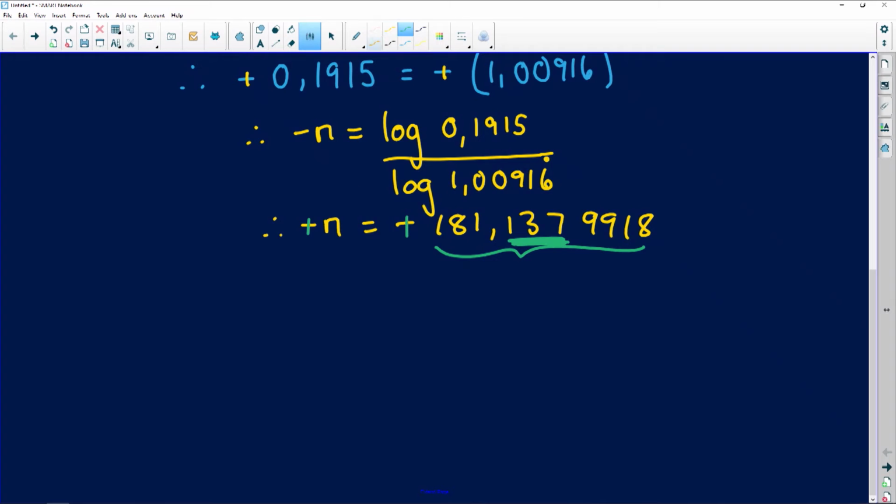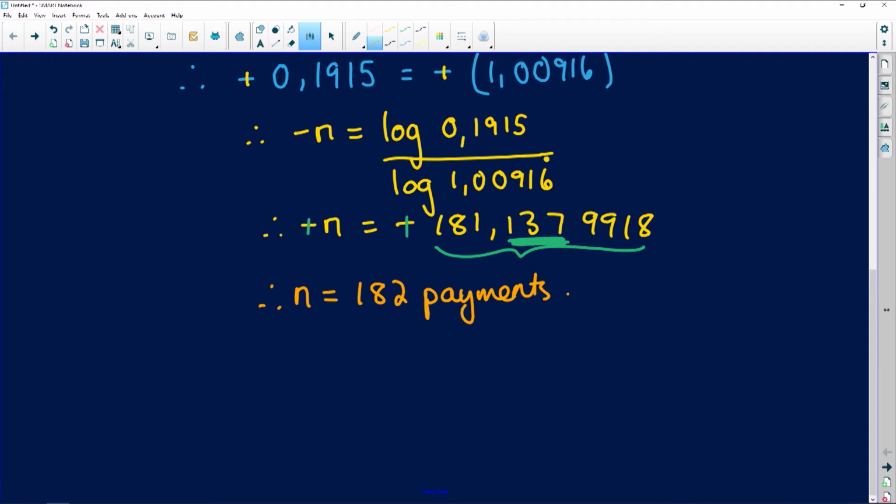Okay. We have to go, that 181,1379918 is an indication to you that the loan has not been paid off. It's not fully amortized. There's a last payment that has to happen, which is going to be less than the 10,000. So if we want to write our answer down, therefore, N is equal to 182 payments left.